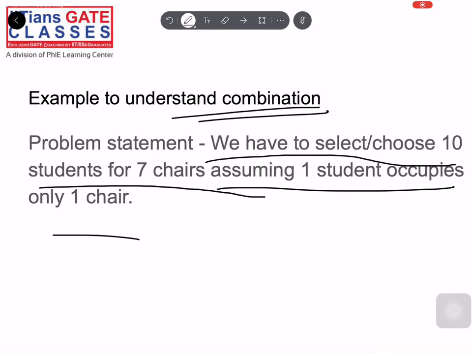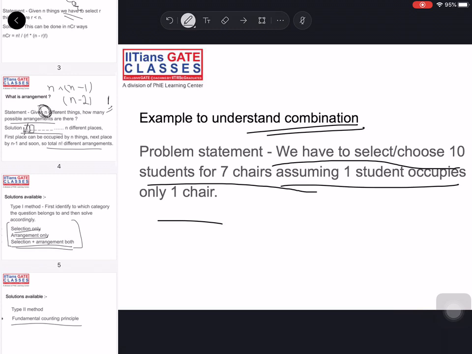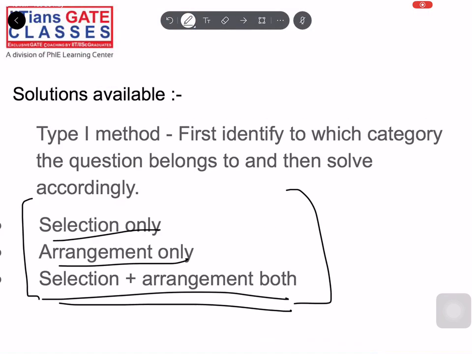Now I'll just go back to the type 1 method, and you have been given this question. Your job is to identify which category this question belongs to out of selection only, arrangement only, or selection plus arrangement. When I say I need to select, that means I only need to tell out of those 10 which 7 students will sit on the chair.